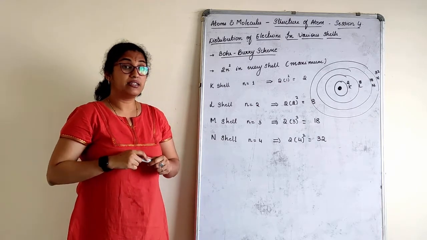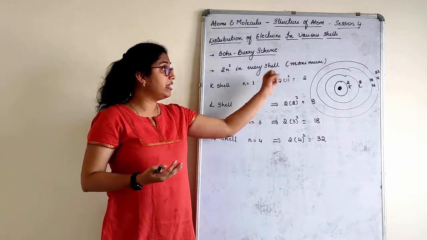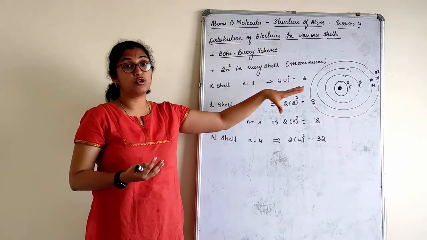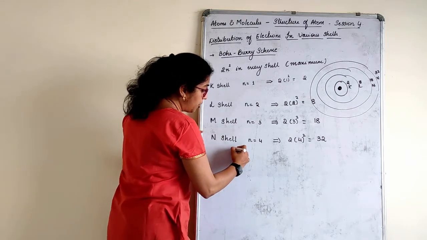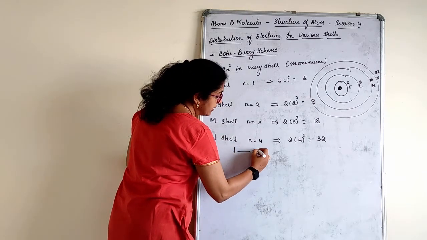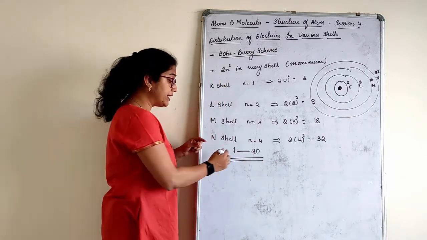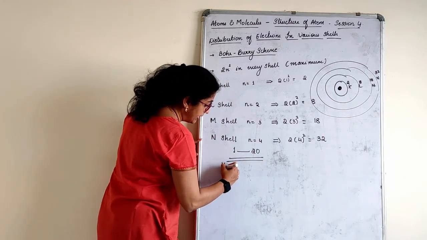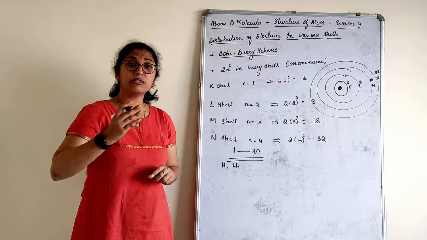Now the thing is, which elements should I know so that I can give the electron distribution of the given elements? Elements numbered from 1 to 20 should be known to you. Which are these elements from 1 to 20? The first element is hydrogen, the second element is helium, then beryllium. It follows.